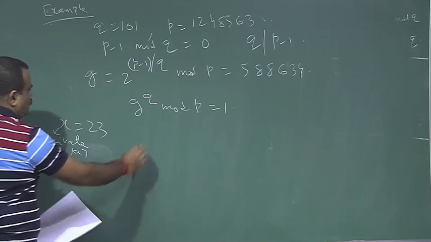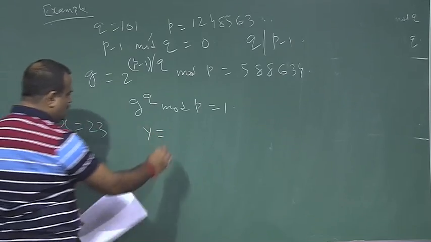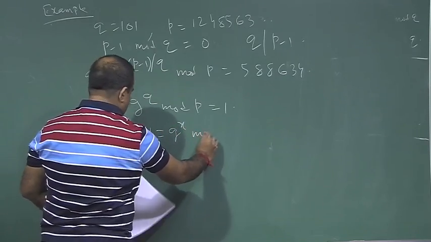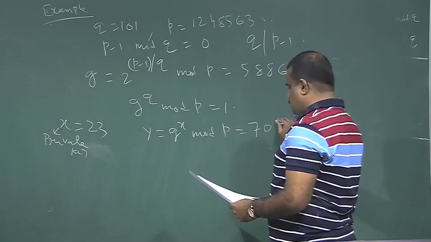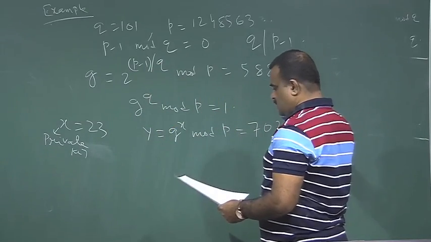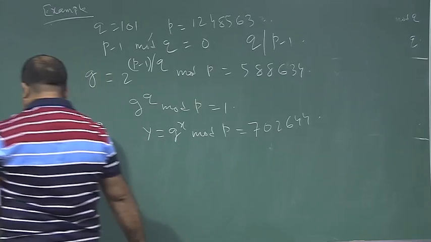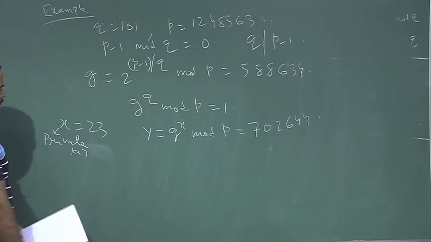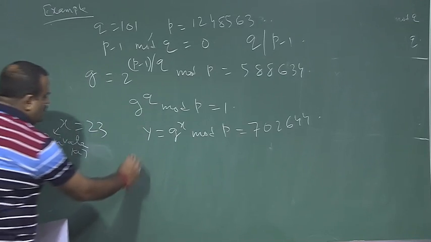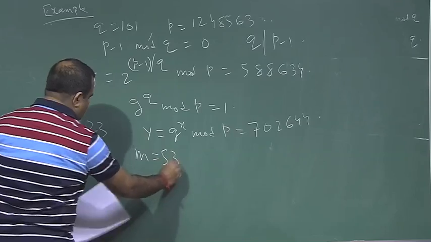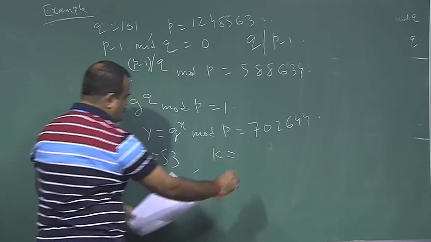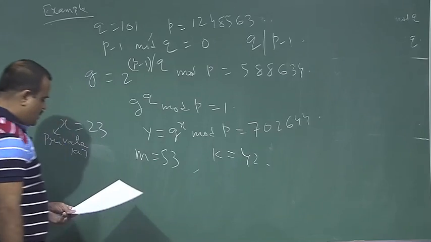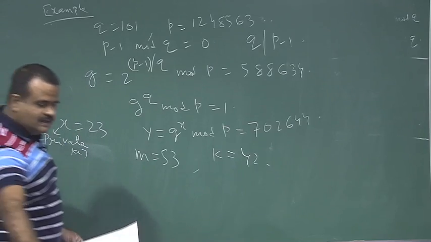And then we need to compute y, which is basically g to the power x mod p, which is 702644. Okay. Now, suppose we have a big message and we convert it and we got m equal to 53, small m, and we choose k equal to 42. Then we have to compute r and s.